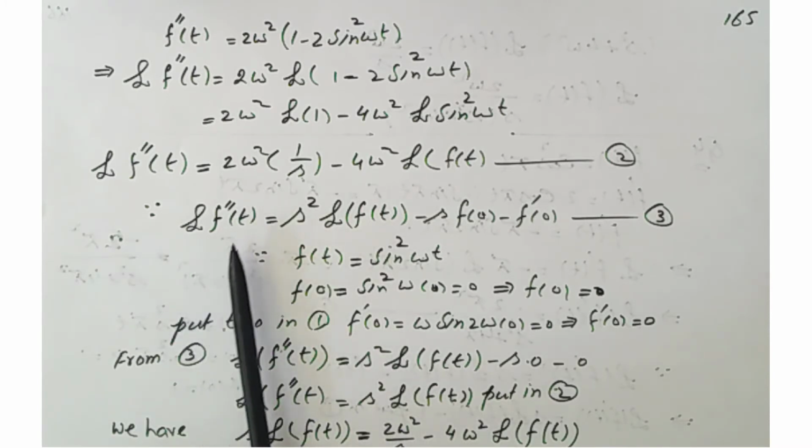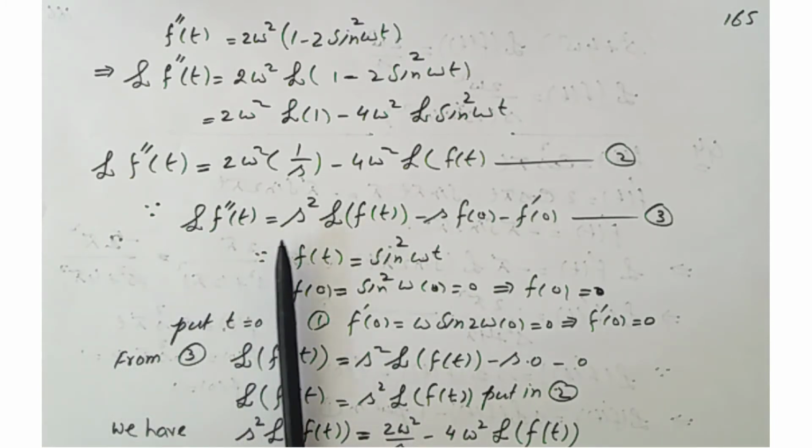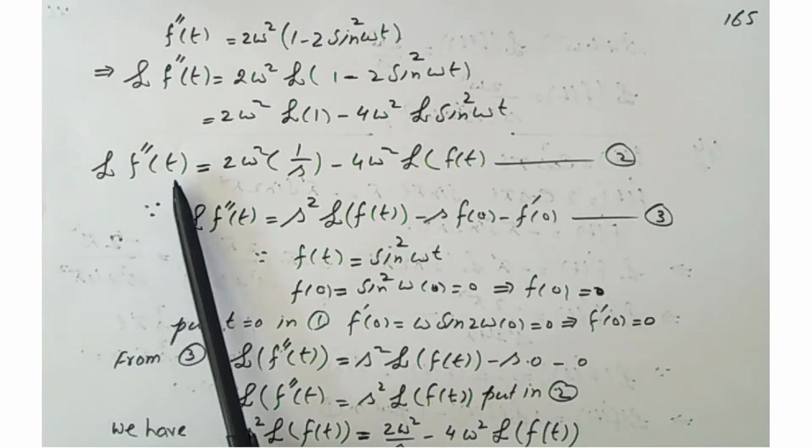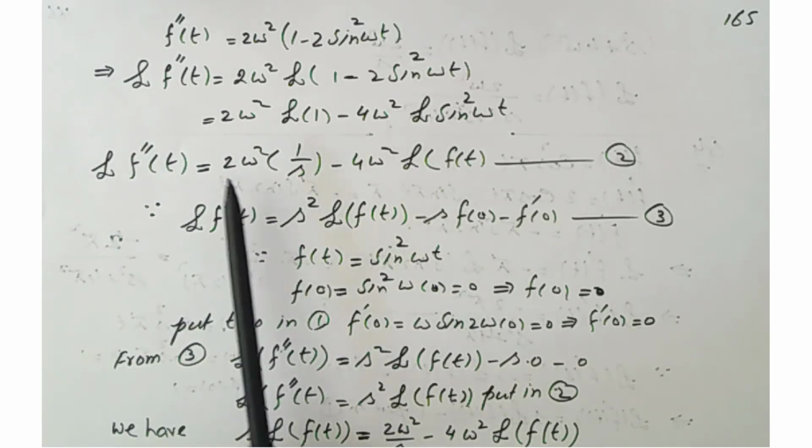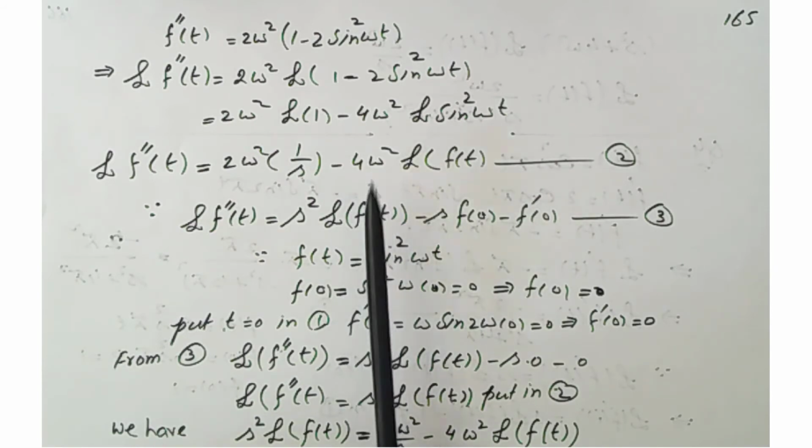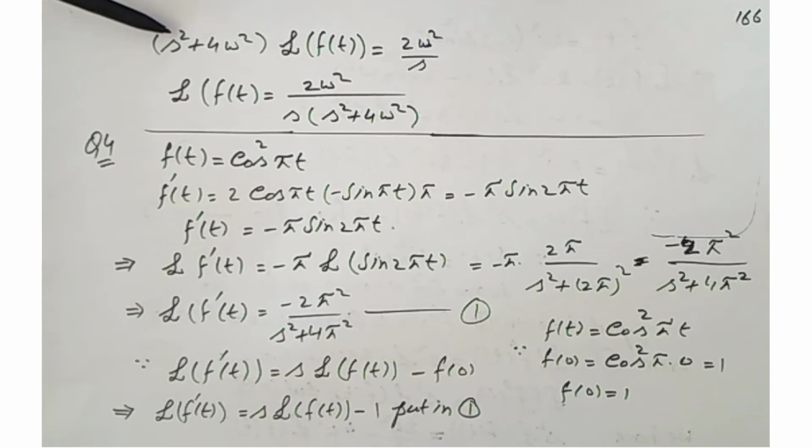So in this place we put s square Laplace f(t) from equation number 2: s square Laplace f(t) equal to 2 omega square by s minus 4 omega square Laplace of f(t). We can write it as s square plus 4 omega square Laplace of f(t) equal to 2 omega square over s. So Laplace f(t) equal to 2 omega square over s into s square plus 4 omega square. This is the value of Laplace of f(t).